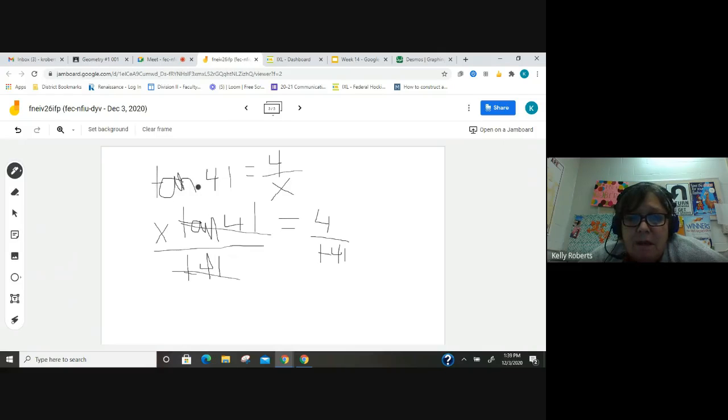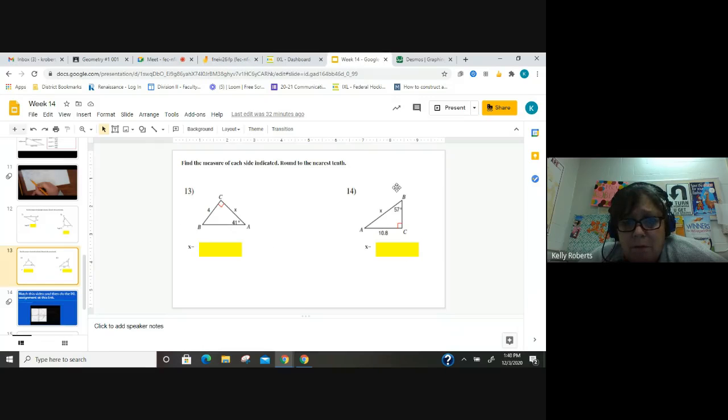So I'm going to have the sine of whatever that angle was equals 10.8 over x. Multiply both sides by x, solve exactly like we did here. I'm going to leave that one for you to do, but you do it the exact same way. Use your calculator. You've got Desmos on your computer. You don't have to try to do that on your own.